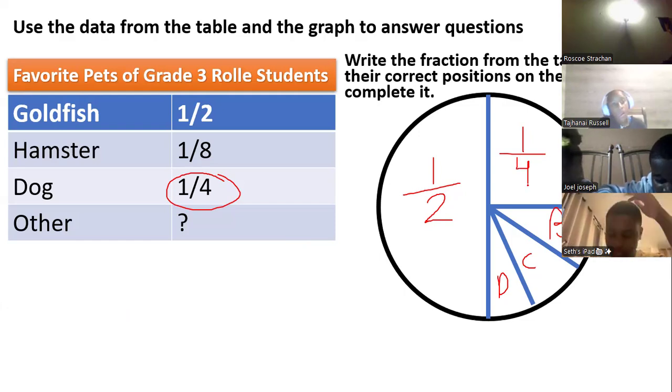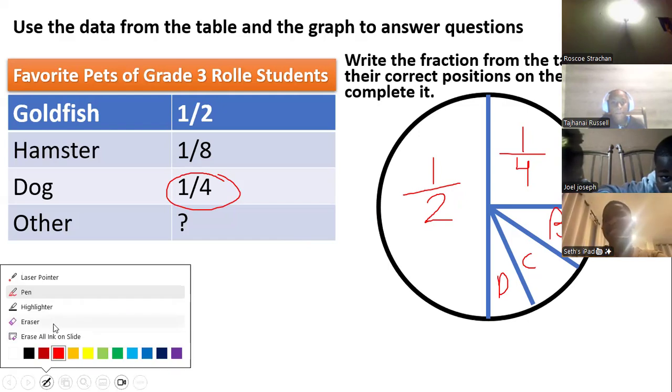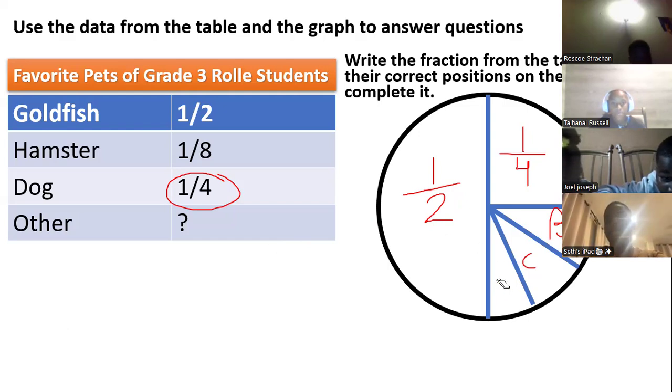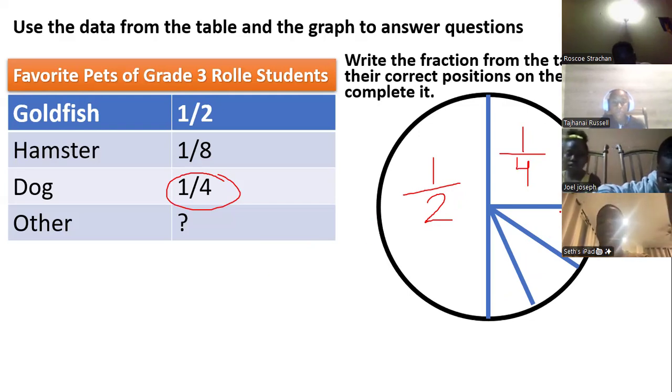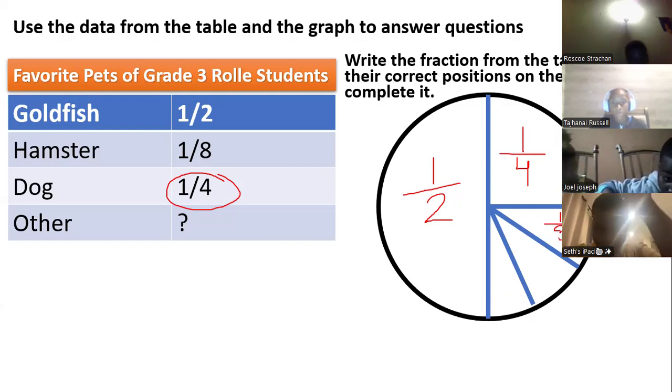Good. And then we need 1 over 8. Where's 1 over 8? The bigger triangle. B. Very good. 1 over 8 would be B. Good.